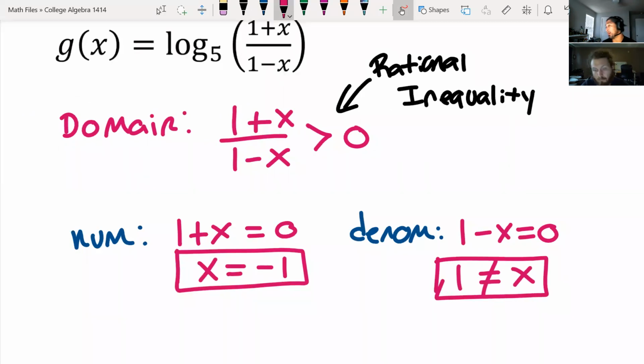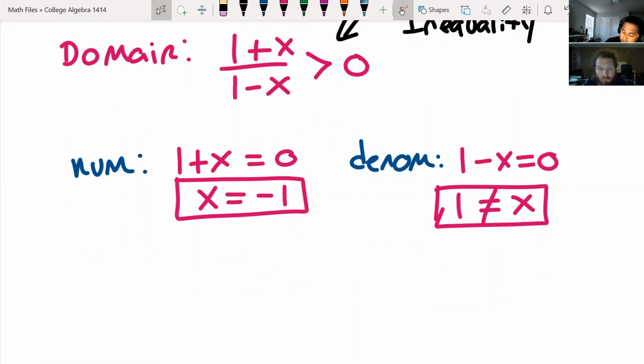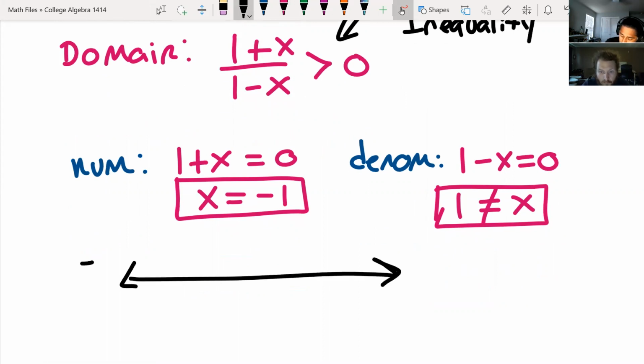So we put x cannot equal 1, or the denominator becomes 0. Now, put this on a number line. There's negative infinity, there's infinity. And here's going to be -1, and here's +1.